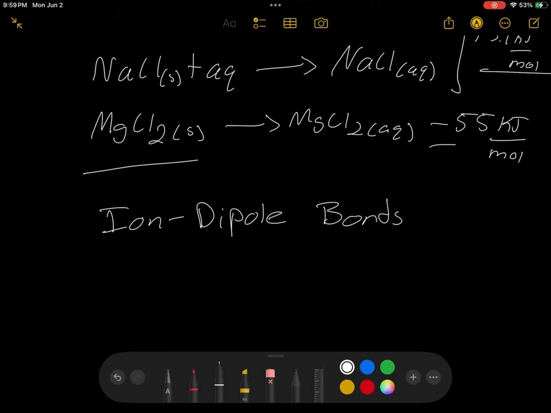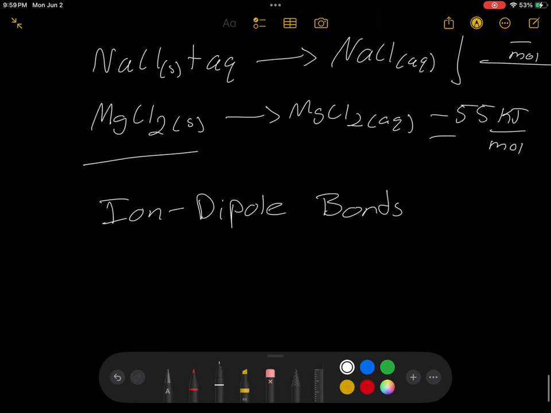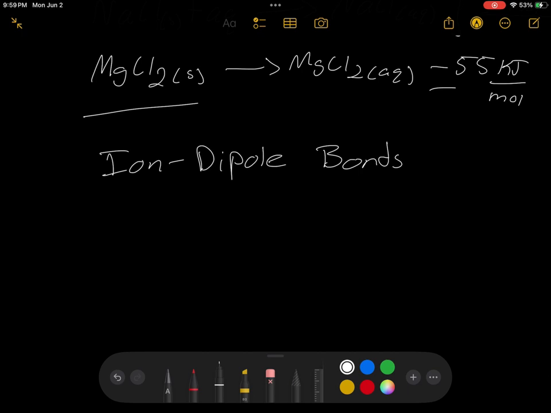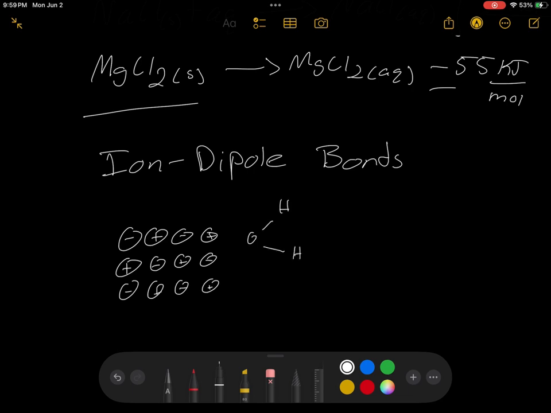So the idea behind this is that, like our magnesium chloride or our sodium chloride structure, you have a lattice of positive and negative ions alternating between your sodium and your chlorine, right? And the idea is that in water, obviously water, H2O, looks like this, between oxygen and hydrogen, we have a dipole.